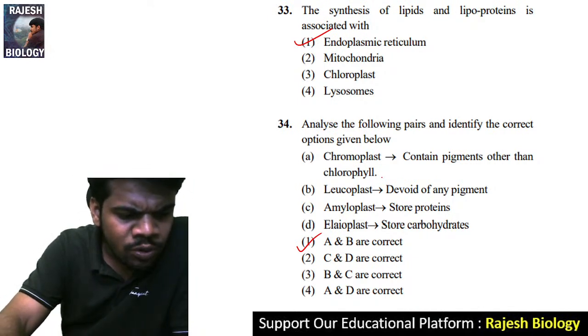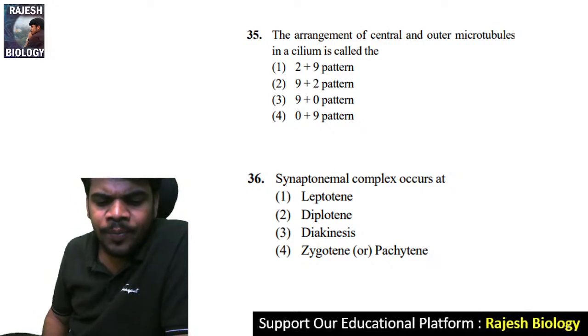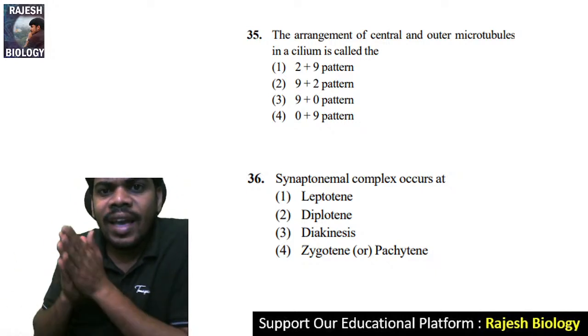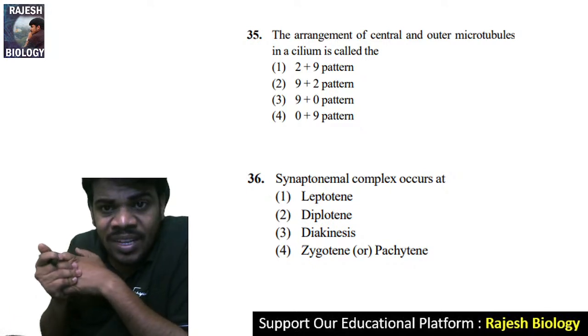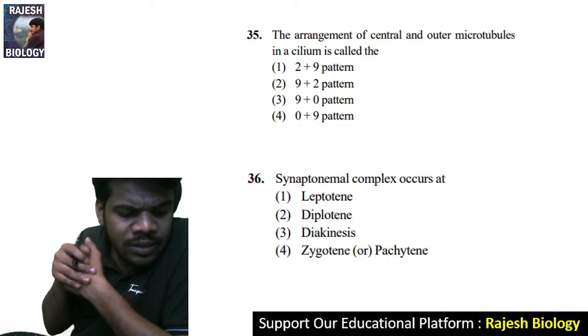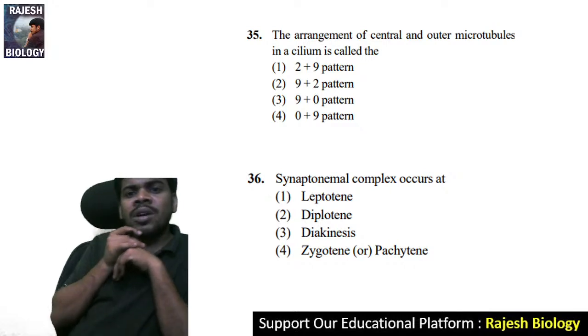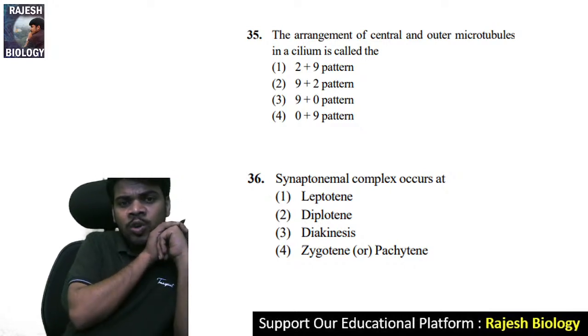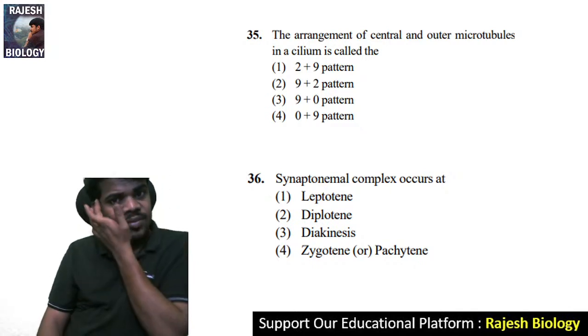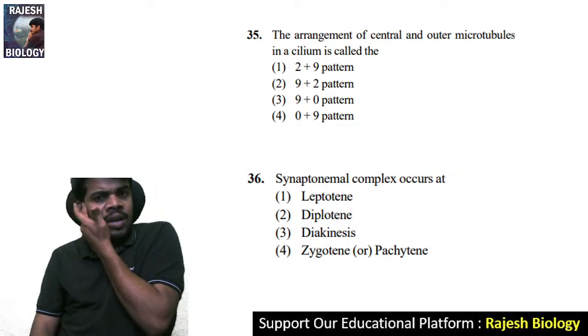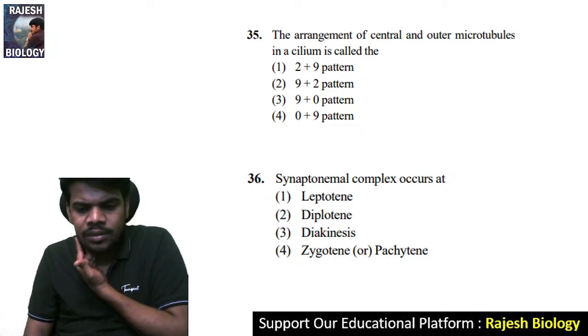Yes, come to the question number 35. The arrangement of central and outer microtubules in a cilium is called 2 plus 9, or 9 plus 2, or 9 plus 0, or 0 plus 9.